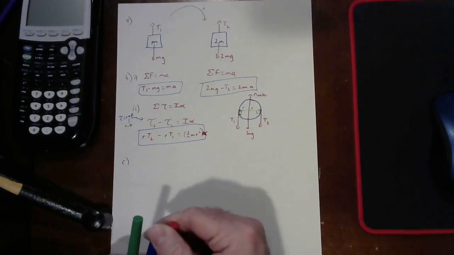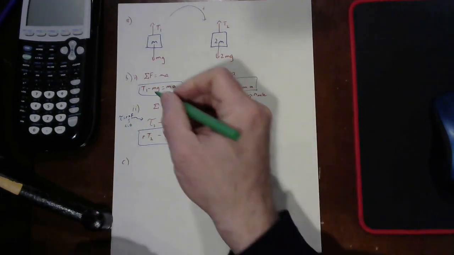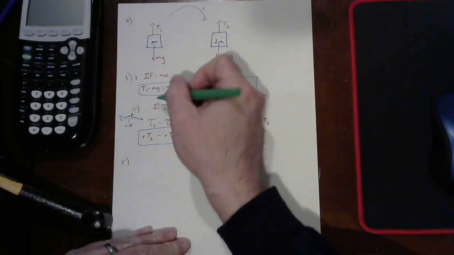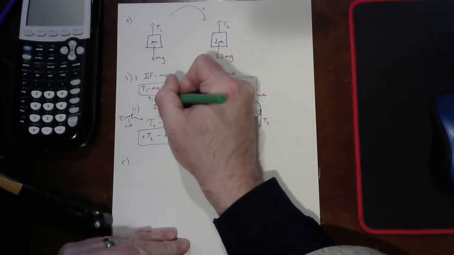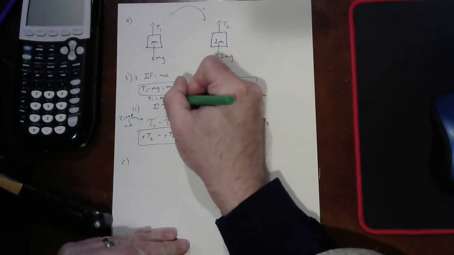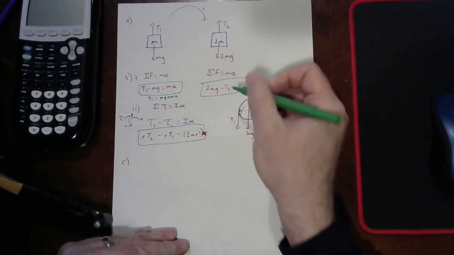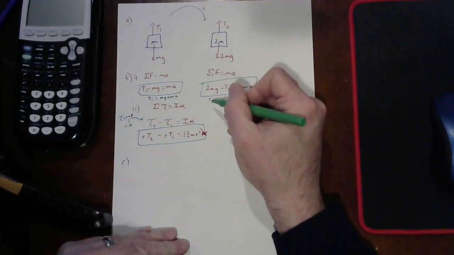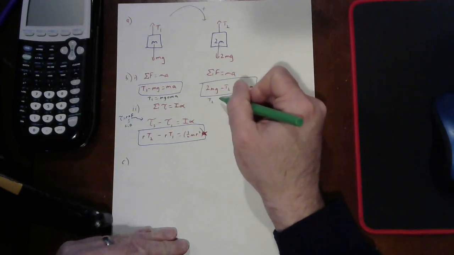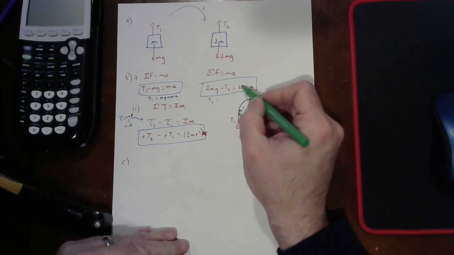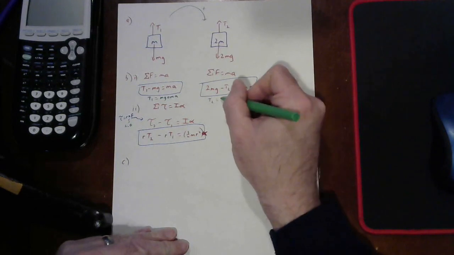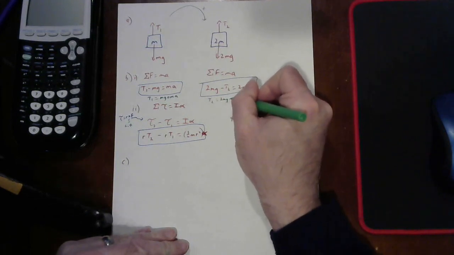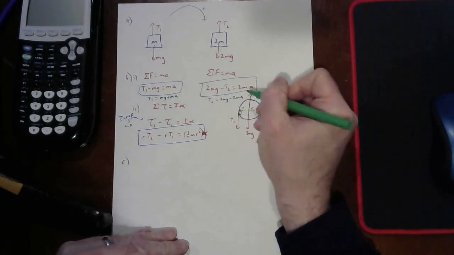All right, if I did that, let's see here. I'm just going to squeeze it in here. If I rearrange this, you can see T1 is going to be mg plus ma. If I rearrange this one for T2, we'll get that T2 is going to be, I'd move that over there to become positive, I have to move that over there, 2mg minus 2ma.